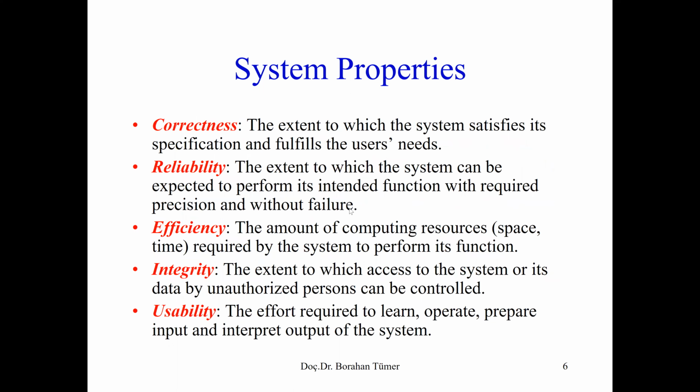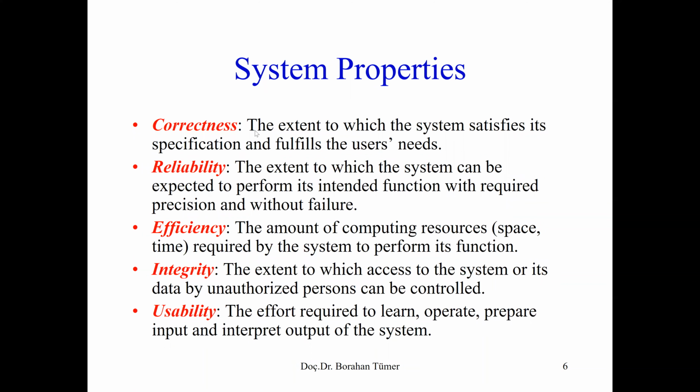Okay. Now let's look at the system properties for the third dimension, which is the operational characteristics of the software product. These are correctness, reliability, efficiency, integrity, and usability.